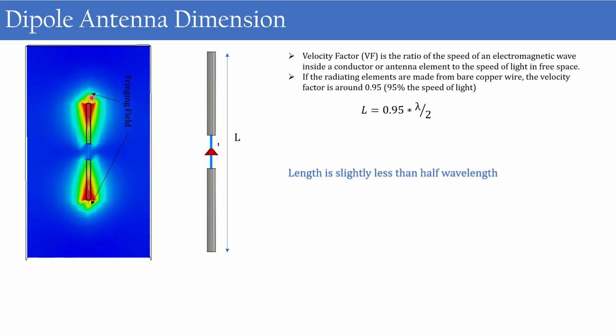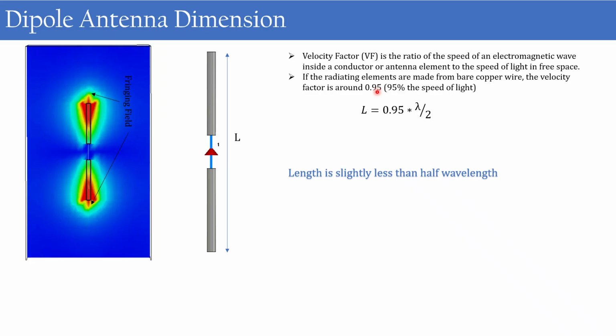So let's see how much reduction in length can be afforded for the dipole antenna design. It is typically calculated based on the velocity factor. The velocity factor is the ratio of the speed of the wave inside the conductor to that of the free space speed. In the case of a copper wire, the velocity factor is taken as 0.95.